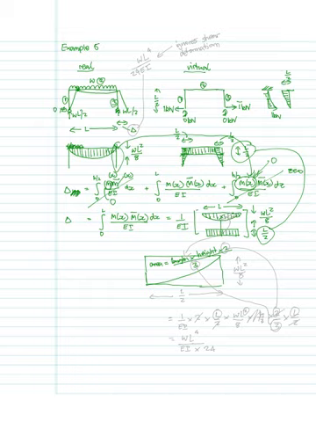And then the length is L over 2, and the height is WL squared over 8. That just represents half of it.